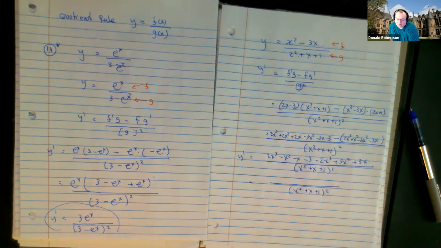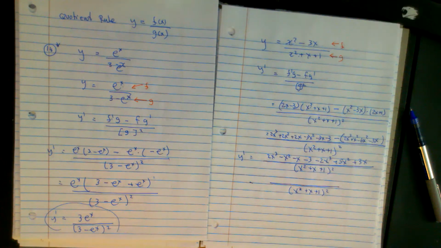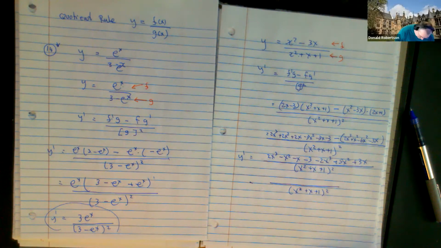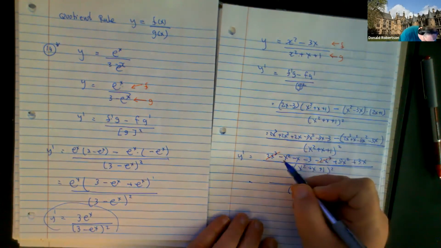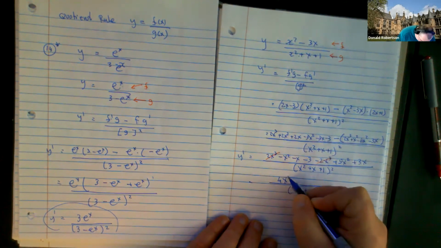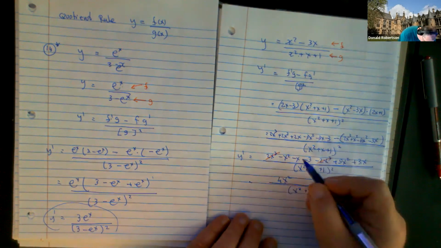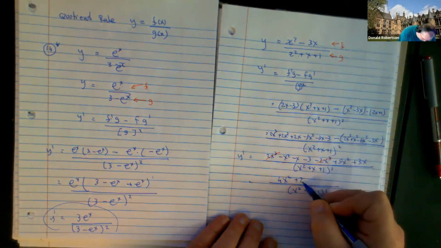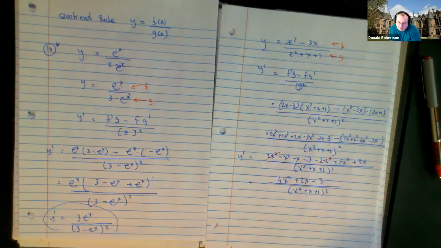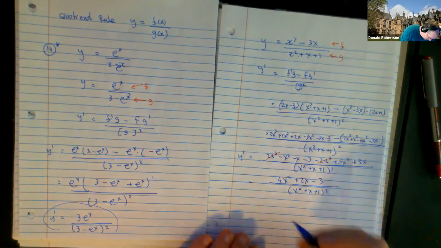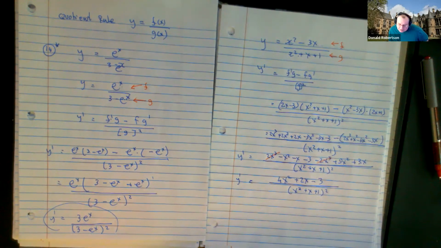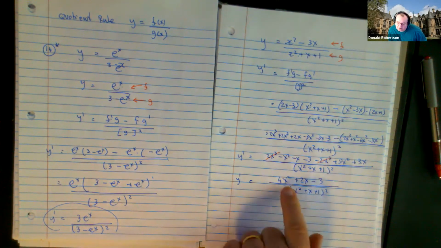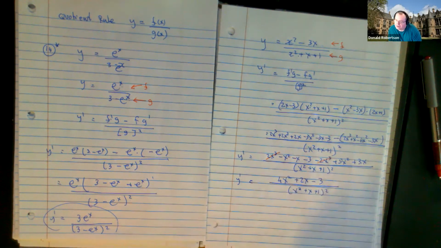Can you see anybody getting killed off in the top? The x cubed, okay, those guys are gone. Apart from that, I think it's just a matter of collecting terms. So 5x squared take away 1 leaves me with 4x squared. Plus 3x with a minus x leaves me with plus 2x. Take away 3. I have one quick look and see if I can factor that. And I can't. So we're finished.